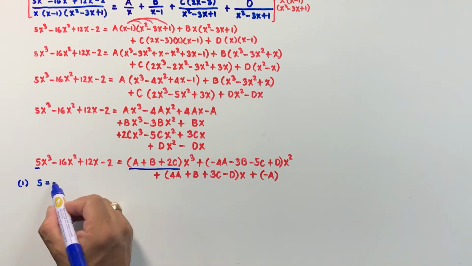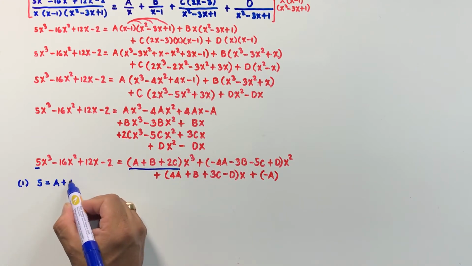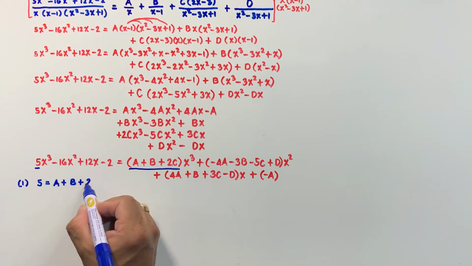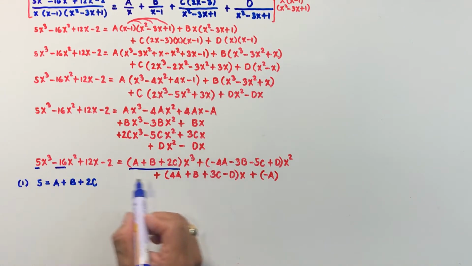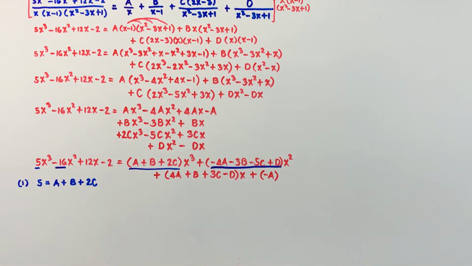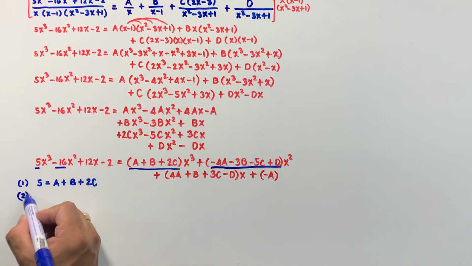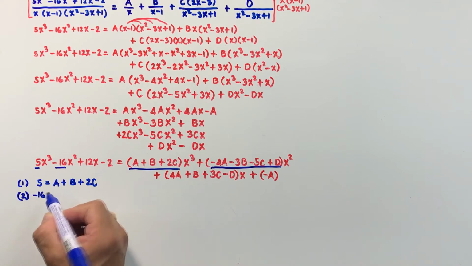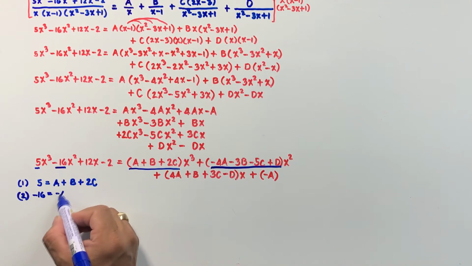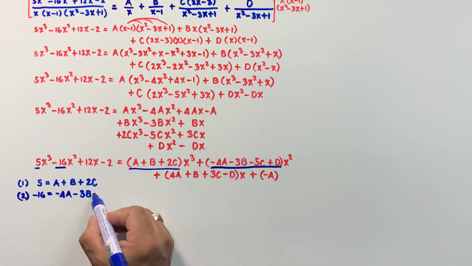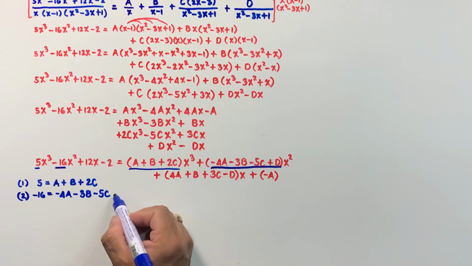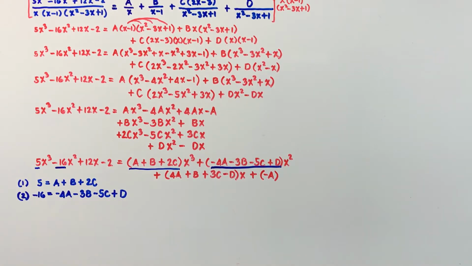So 5 is equal to a plus b plus 2c, because these are coefficients of x cubed in both sides of the equation, and also the coefficients of x squared are equal also. So this forms our equation 2. So minus 16 is equal to minus 4a minus 3b minus 5c plus d here.